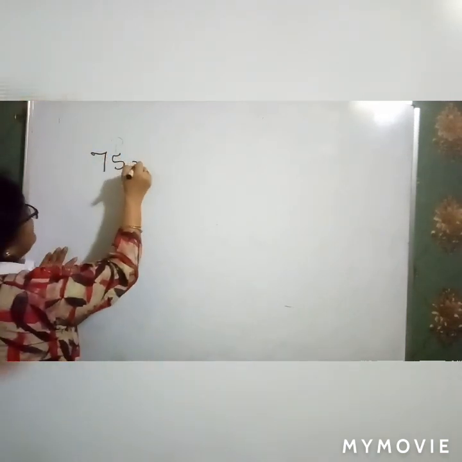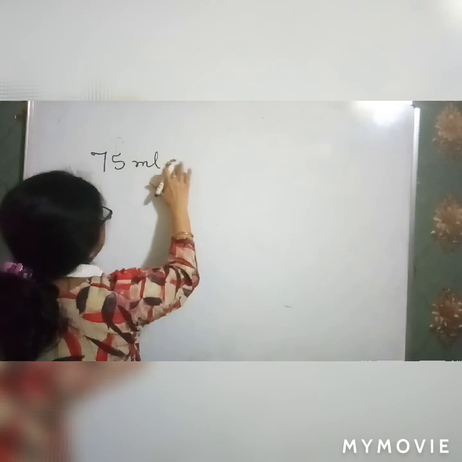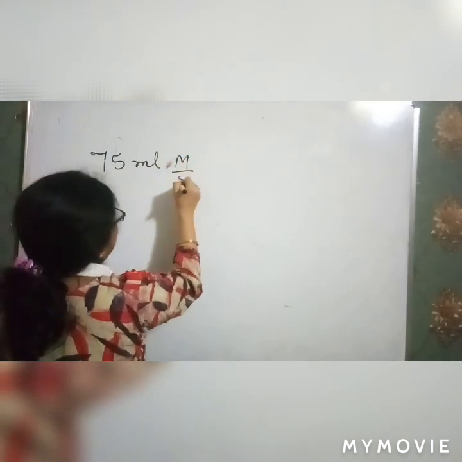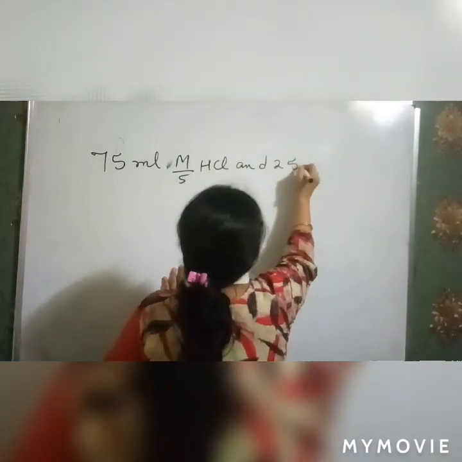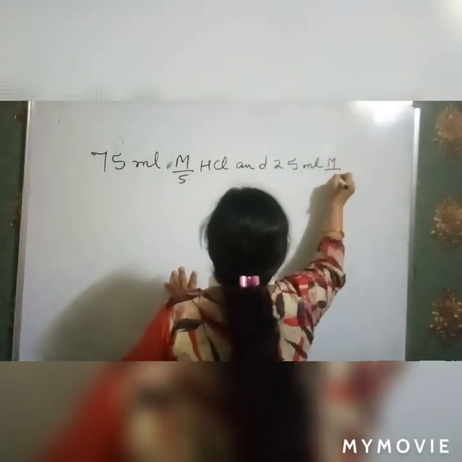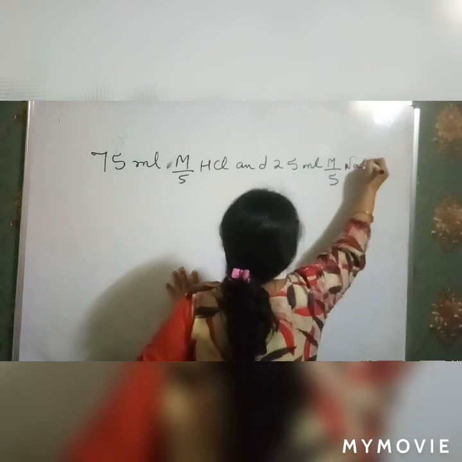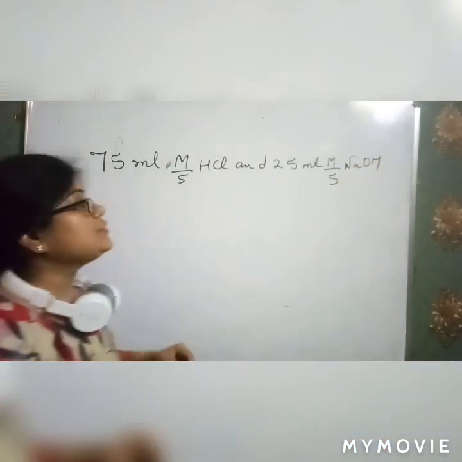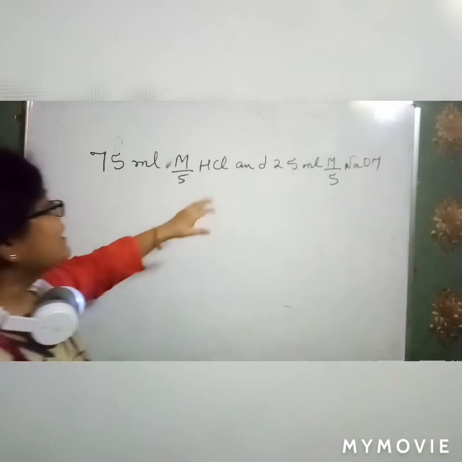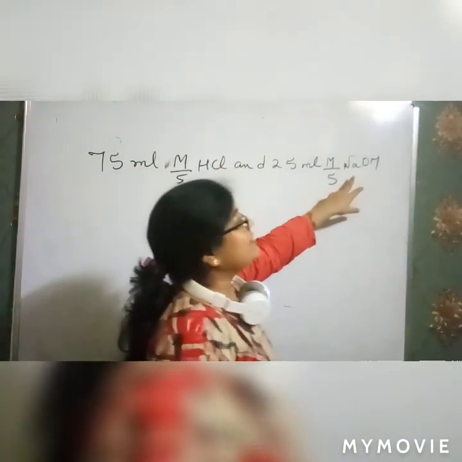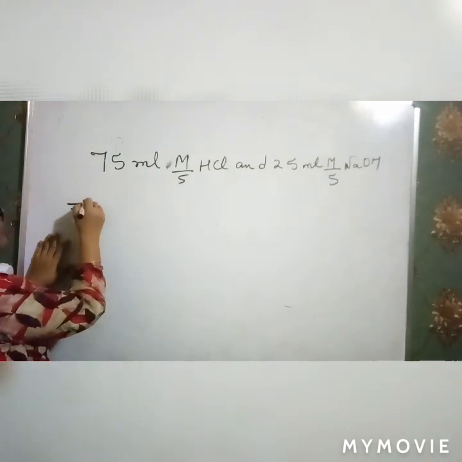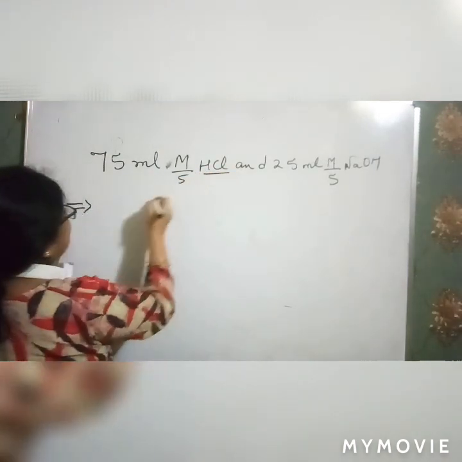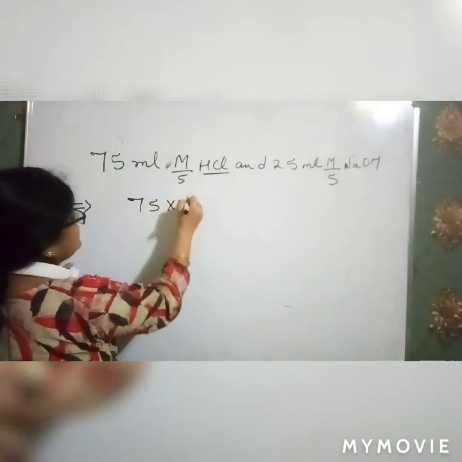For example, there is 75 ml of M/5 HCl and 25 ml of M/5 NaOH, and we have to find the pH of the solution. As you can see, this solution has both acid and base, okay. So firstly find the values for the acid.